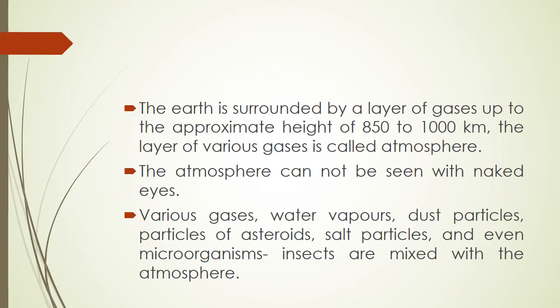We studied about asteroids in chapter 9. The particles of those space objects, salt particles, and even microorganisms, they all are mixed with the atmosphere. But still, we cannot see the atmosphere with naked eyes. Without any scientific device, we cannot see the atmosphere.